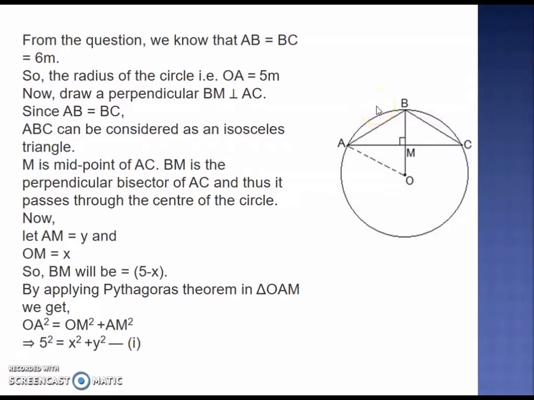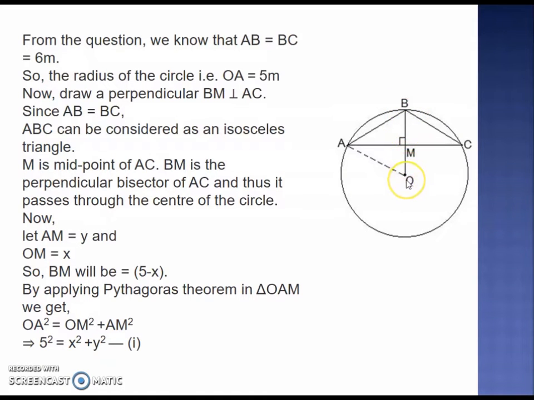So let us assume AM to be Y, any variable I'm taking, and OM to be X. So OM is X and AM is Y. So BM should be 5 minus X because this entire OB is 5. That is the radius of the circle.